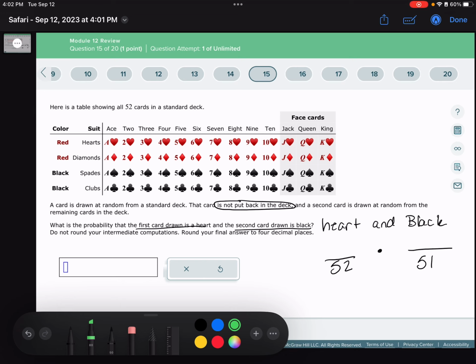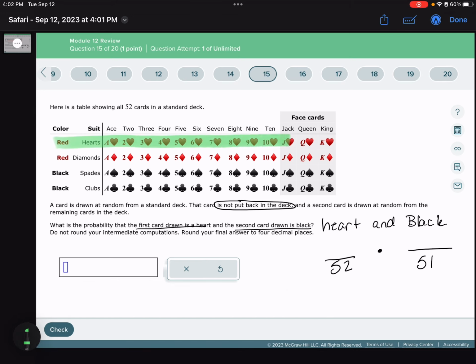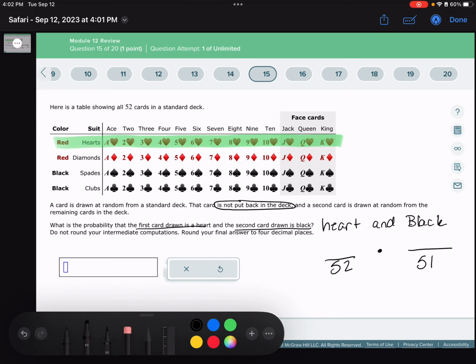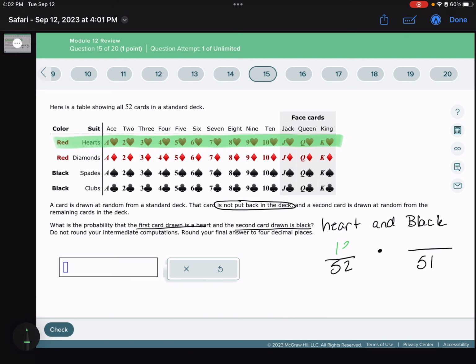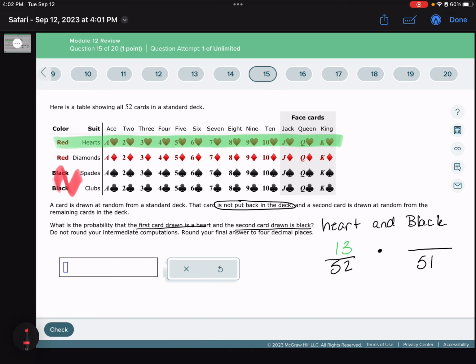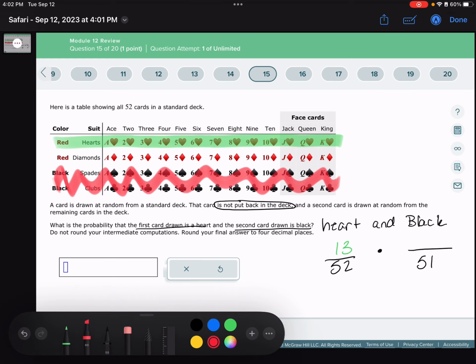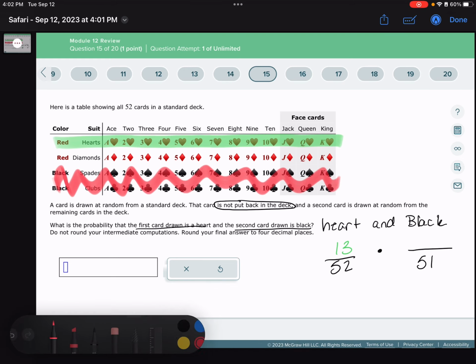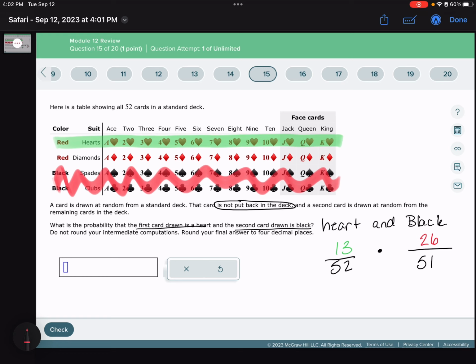There are my hearts here, and there's 13 of them. And then my black cards are here, and there's 26 of them. Multiply this out, so 13 times 26 is 338, and then 52 times 51 is 2,652.